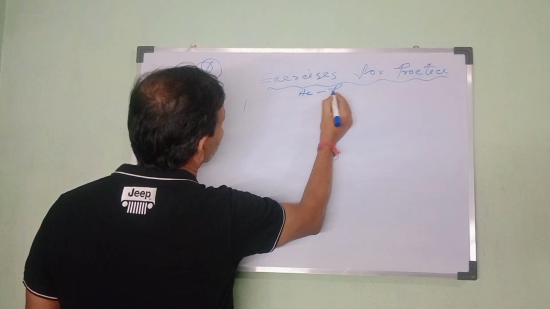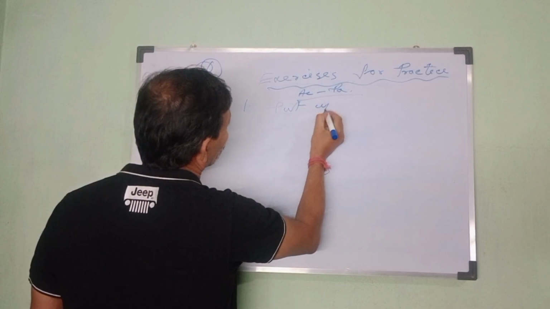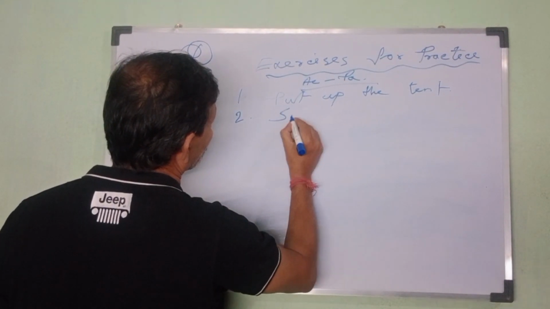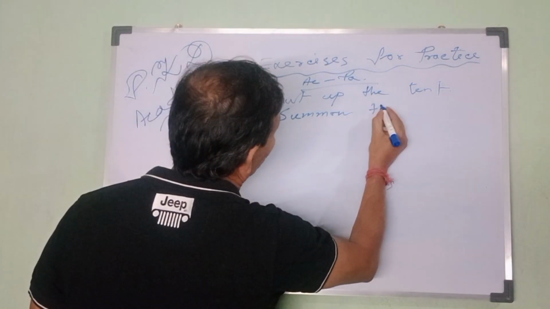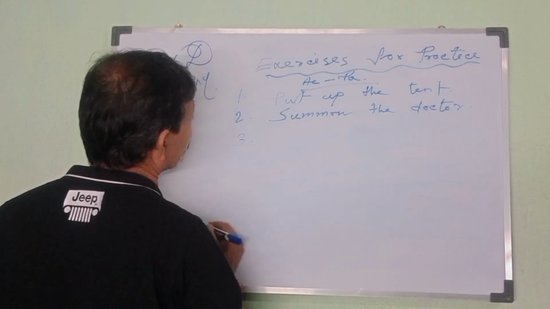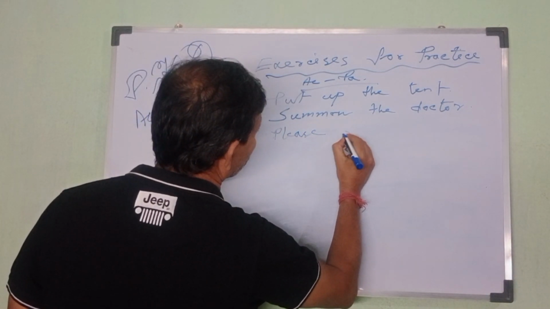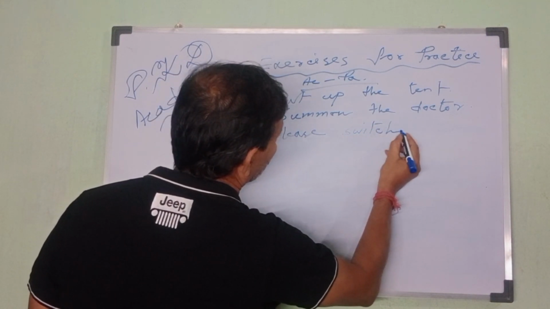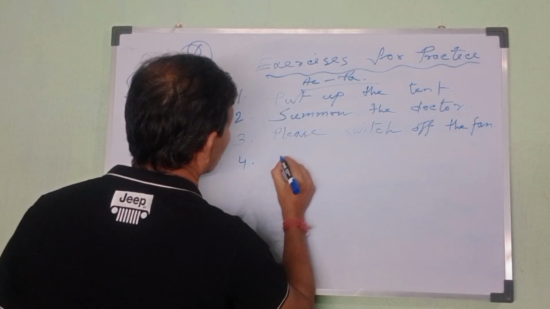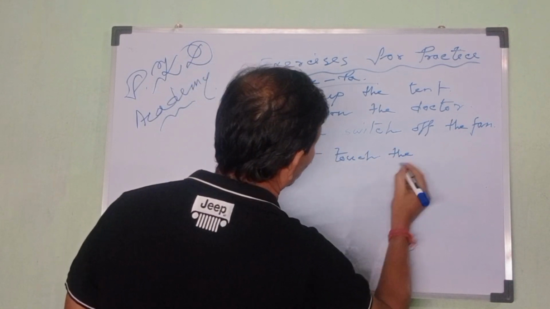Active to passive. Number one, put up the tent. Number two, summon the doctor. Number three, please switch off the fan. Number four, don't touch the boiling water.